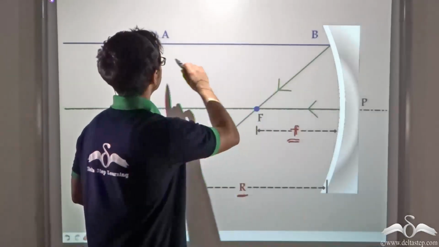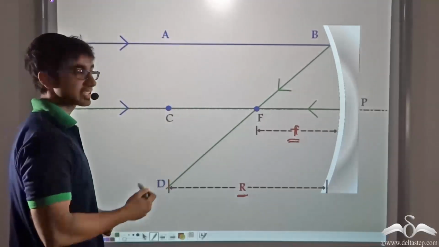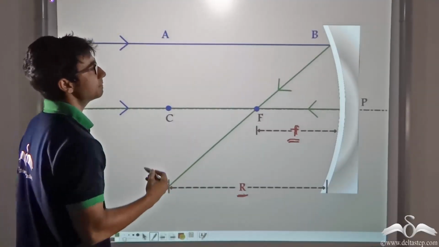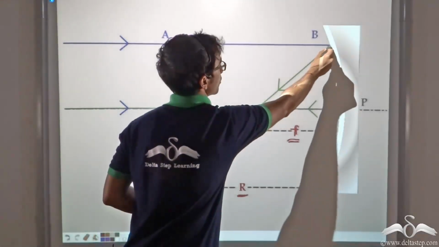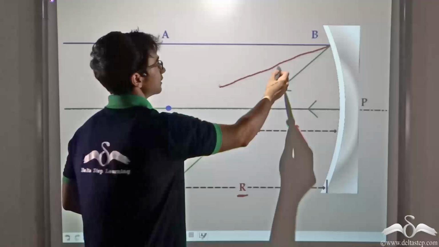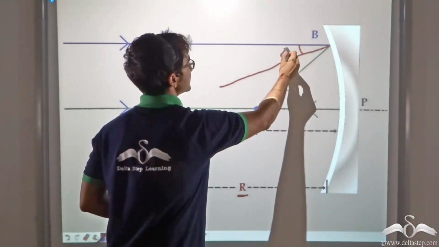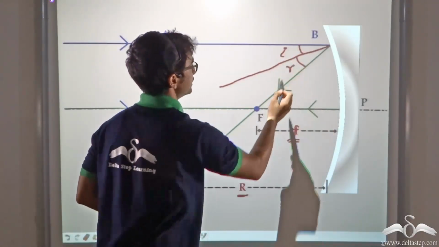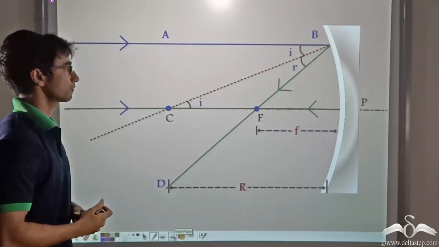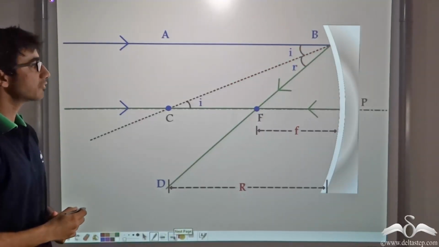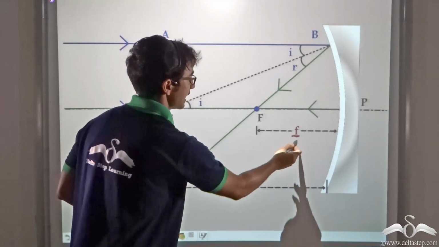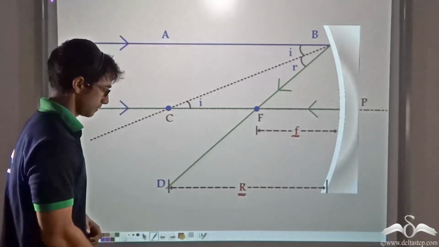Now since the ray AB is reflected and the reflected ray passes through the focus as BD, if we draw a normal at the point B, we will find that the angle of incidence is equal to the angle of reflection. Now we have to prove if there exists a relation between f and r.